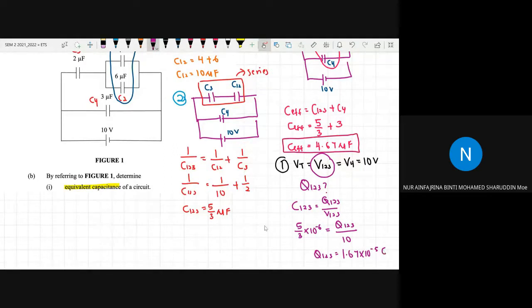Okay, settle. So we know Q123 is 1.67 times 10 to the power of negative 5 Coulomb.